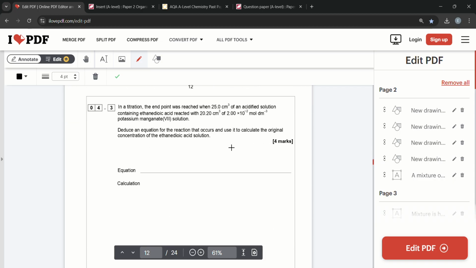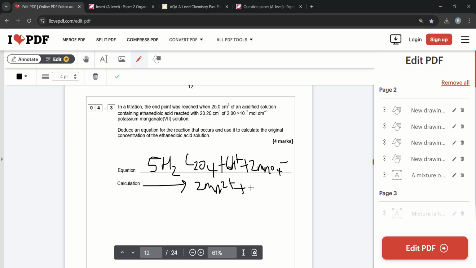Introduce the equation where the reaction occurs and use it to calculate the original concentration of ethanedioic acid. So we've got 5H2C2O4 + 6H+ + 2MnO4- → 2Mn2+ + 10CO2 + 8H2O. The arrow should be here but there's not enough space, since my drawing is a lot larger.